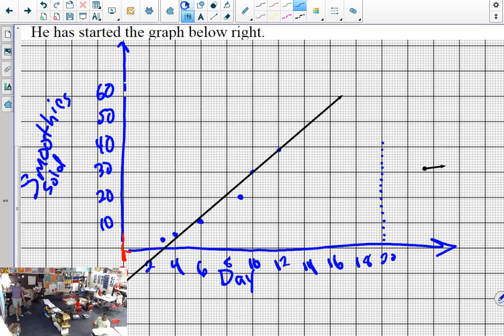Day 20 would go up right here. And if I make this line continue out, I can make a pretty good prediction. That one went a little bit up. Now your graph might be different, which is fine, but draw your line of best fit.